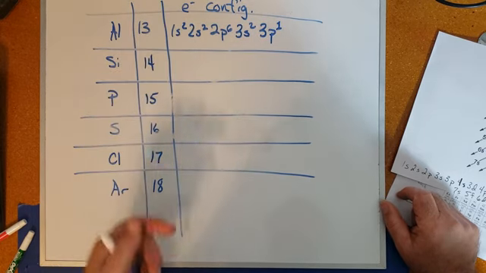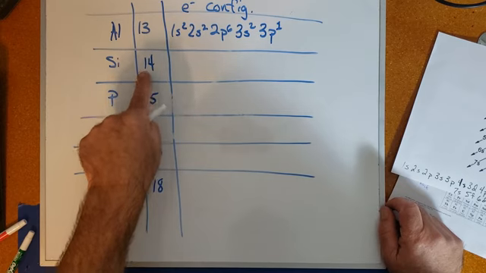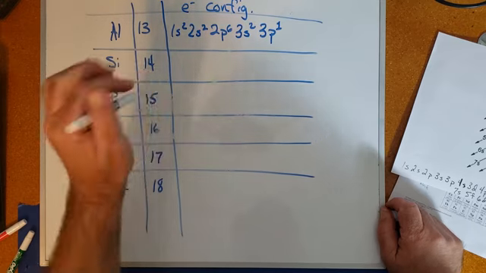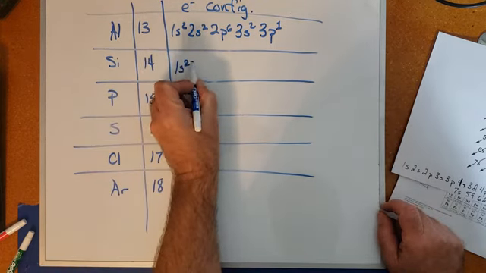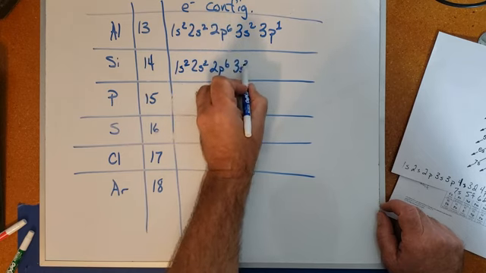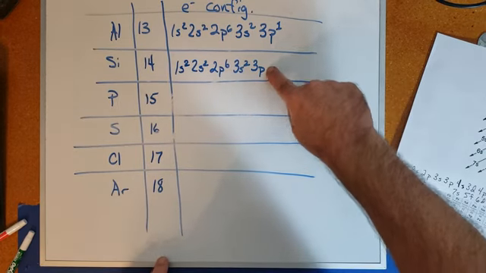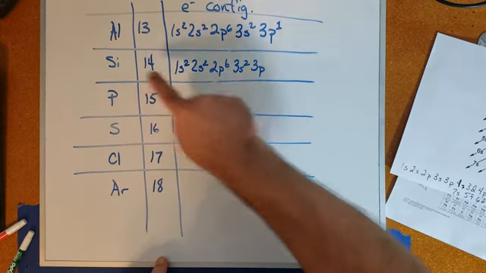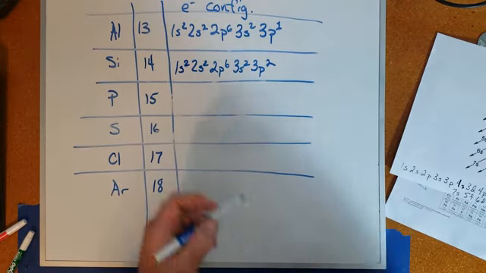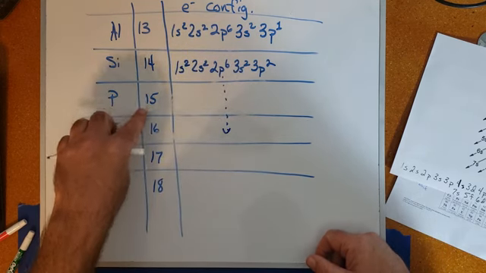It's 13 electrons. Now, if I go down to silicon, I have to find a home for 14 electrons. It starts out the same way: 1s2, 2s2, 2p6, 3s2, and then we put electrons into the 3p. If aluminum was 3p1, then silicon is going to be 3p2. As we go down this list, I just keep adding 1 more electron.